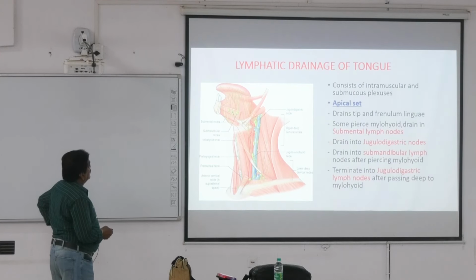This is jugulo-digastric nodes, this submental nodes, and drain into the submandibular lymph nodes after piercing mylohyoid, and terminate into the jugulo-digastric lymph nodes after passing deep to mylohyoid. This is jugulo-omohyoid, this is jugulo-digastric.